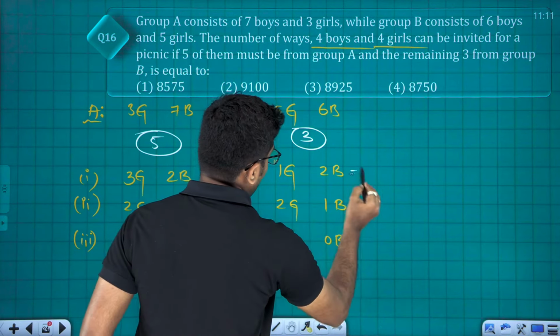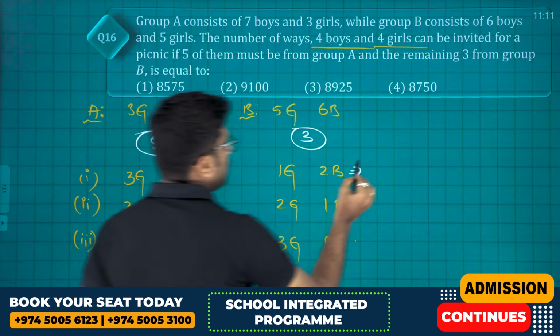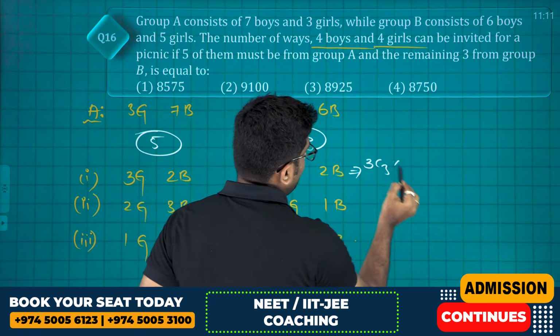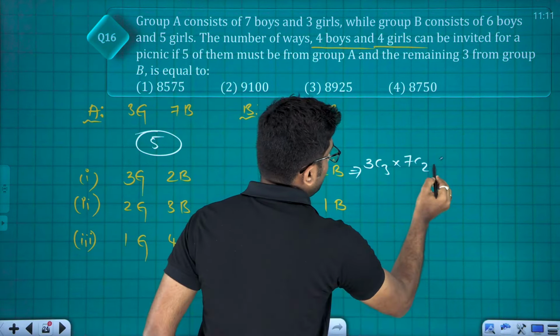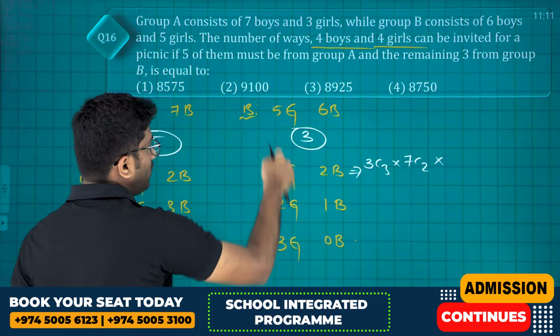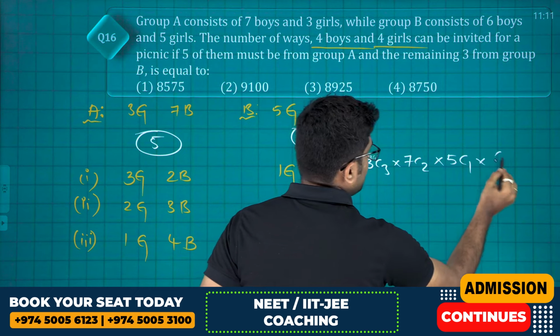Now in each case, what will be the number of ways, the combinations? 3 girls from 3, that is 3C3 into 2 boys from 7, that is 7C2, and 1 from 5, 5C1 into 6C2.